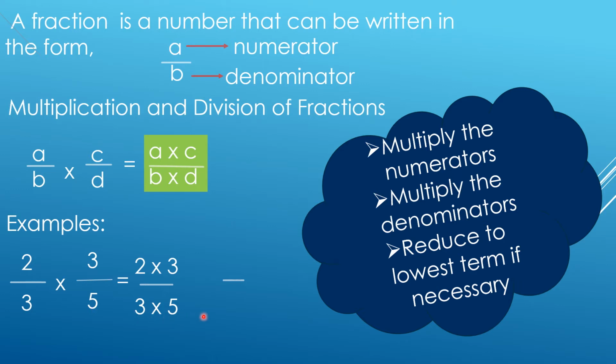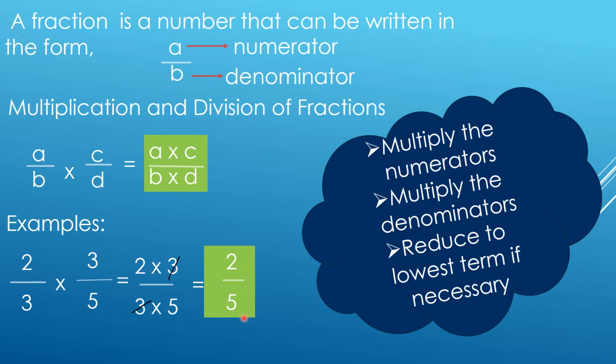And then after that, check what are the common factors that can be eliminated or canceled out. That's how you're going to simplify or reduce to the lowest term. And that is 3. Therefore, the answer is, what is left in the numerator is 2 and the denominator is 5. So that is 2/5.